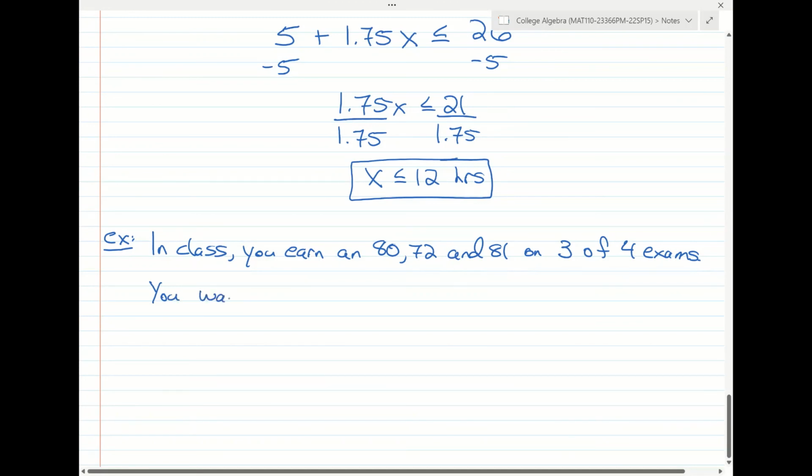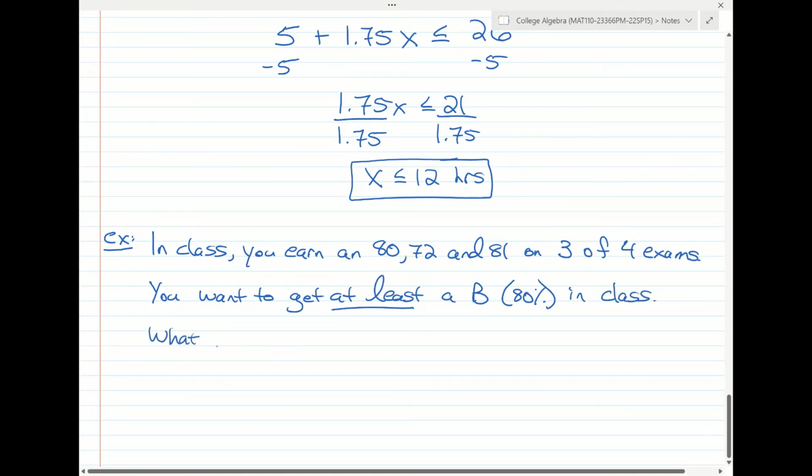You want to get at least a B or an 80 in the course. What must your 4th exam be?